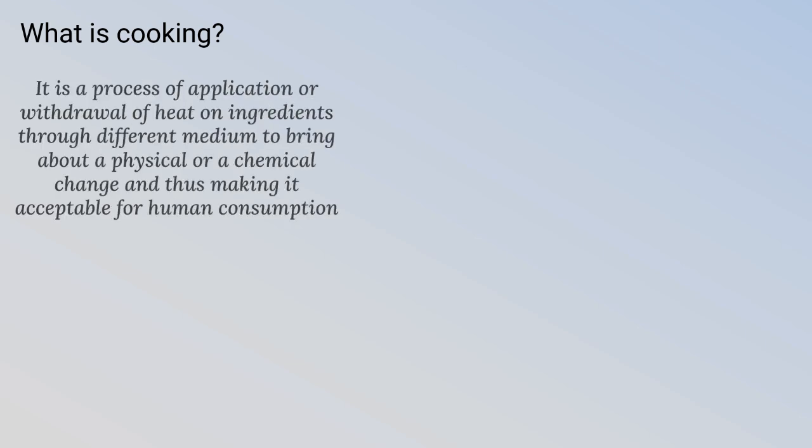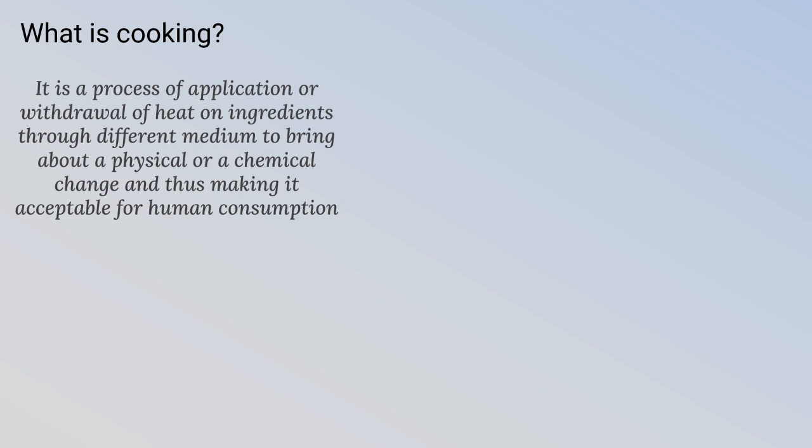Before we go to the detail of different cooking methods, let us try to explain what exactly cooking is. Now, what is cooking according to you? The definition is very simple.